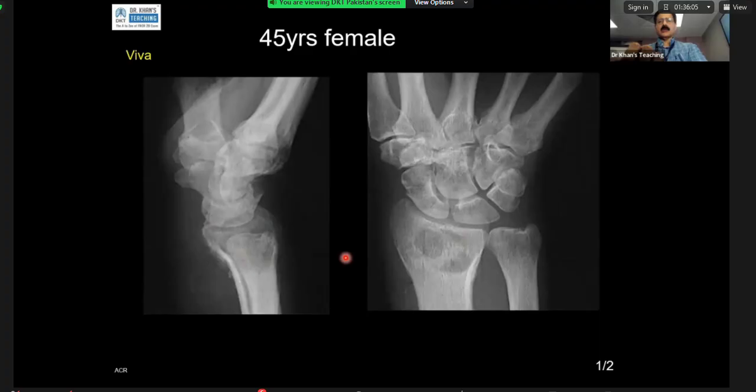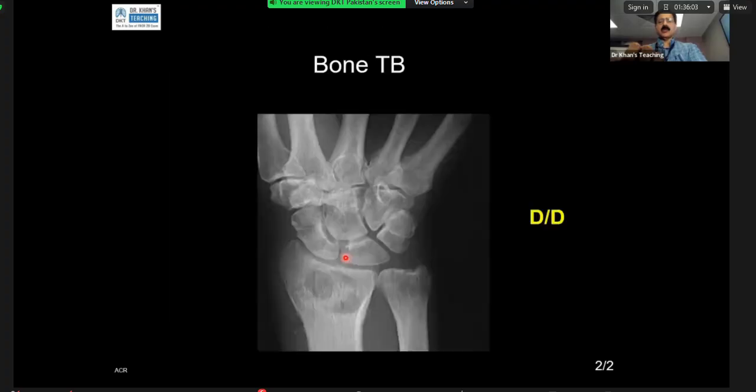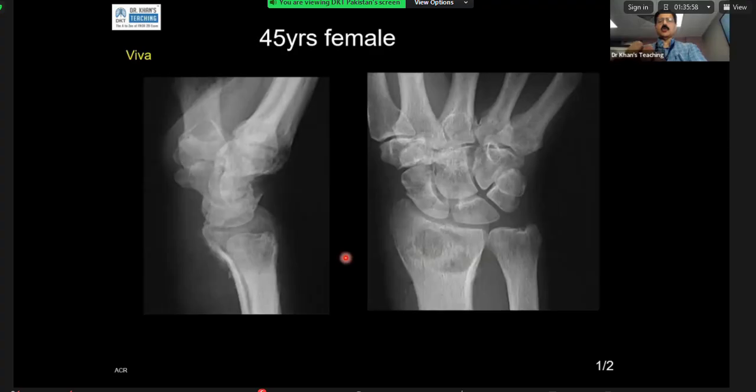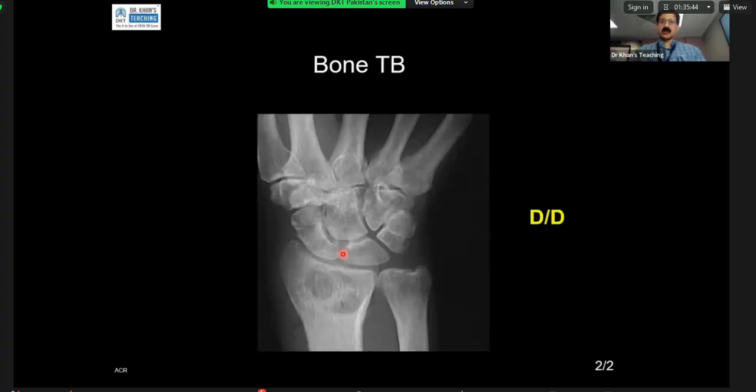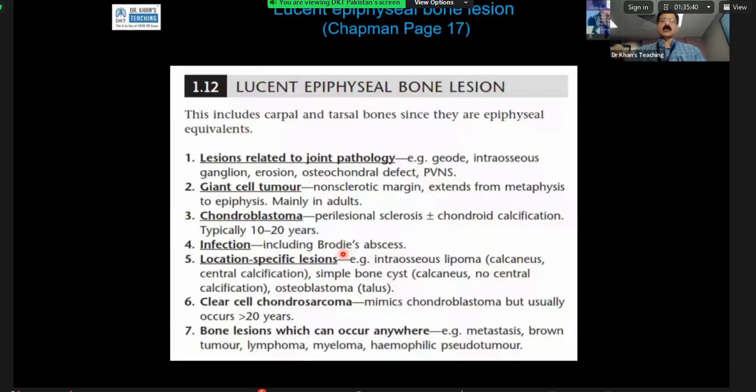Now comes the differential. In the differential, initially you were looking for aggressive lesions in the distal radius in a 45-year-old. You said metastasis. Fine, I'll take it for the simple reason that it is rare, but it can happen. Absolutely, I'll take it.